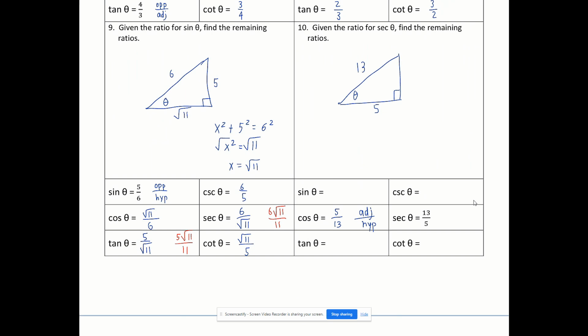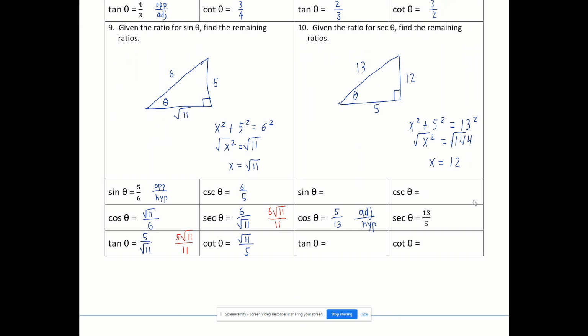So once again, we're trying to find a leg. A squared plus b squared equals c squared. So we're going to subtract 13 squared minus 5 squared, which is 144. So x squared equals 144. If you take the square root of 144, it's a perfect square. X equals 12.